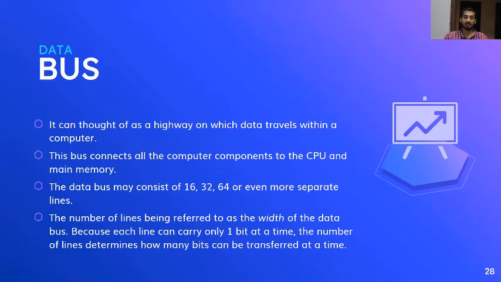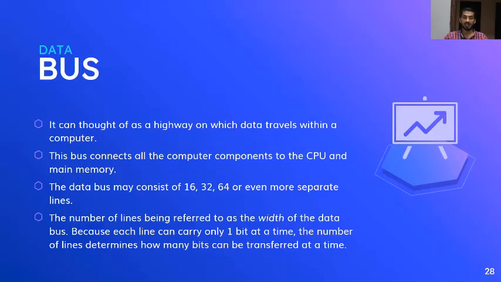The data bus may consist of 16, 32, 64 or even more separate lines. As I said earlier, bus width can be 16, 32 or 64, depending on what computer architecture you have.